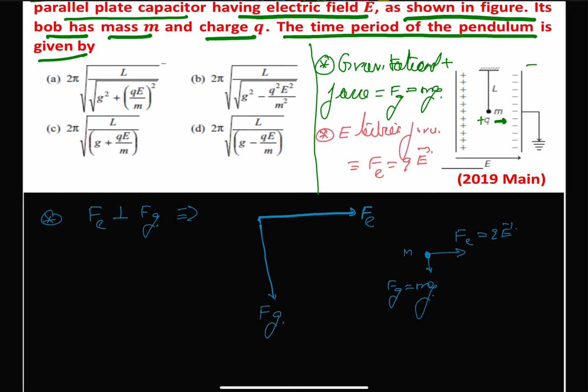Therefore the net force we can easily find out, and that will be something like this. Suppose this is our F net. Let me write this in the form of coordinates: this is our x-axis and this is our y-axis. So this will be our i unit vector and this will be our minus j.